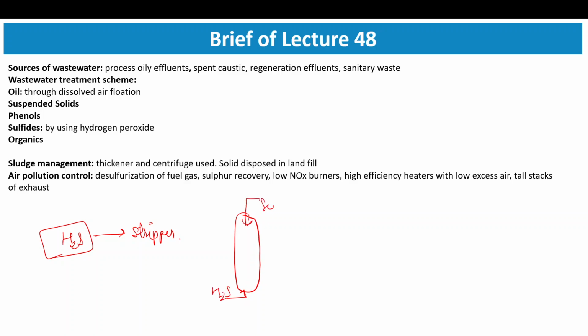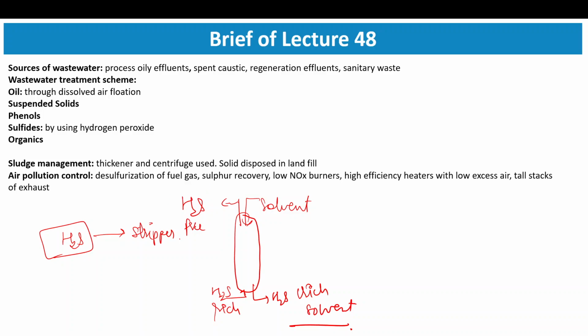So you provide a solvent which has the tendency to absorb this H2S, and you get an H2S free stream, and this will be H2S rich. So this will be solvent which is not having H2S, and this will be H2S rich solvent, right?